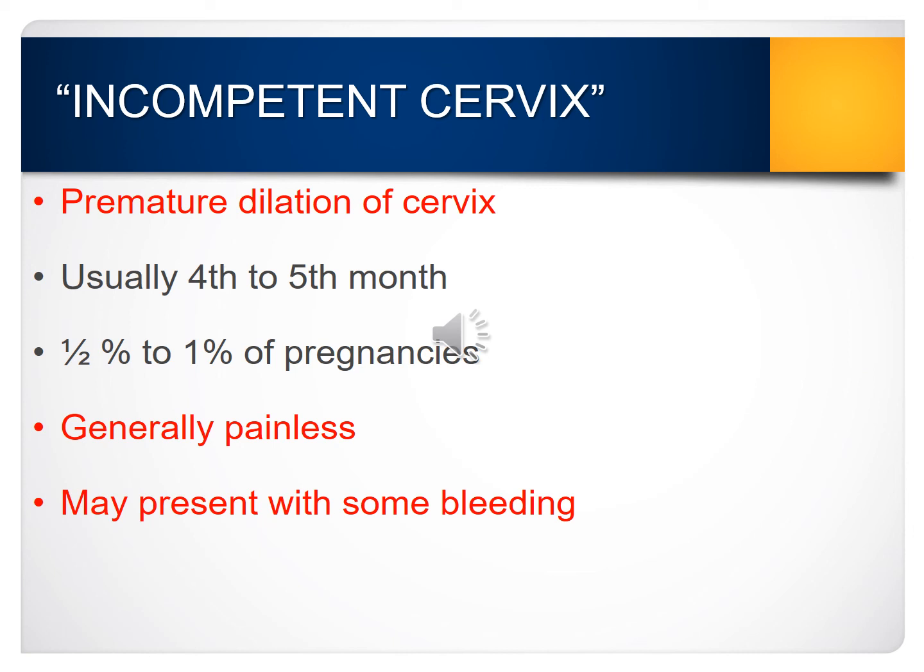Incompetent cervix is when a woman's cervix prematurely dilates, and the cervix is shortened, and usually this cervical shortening is noted around 16 or 20 weeks gestation.